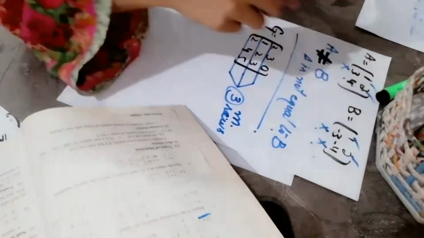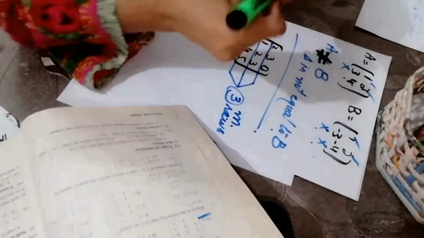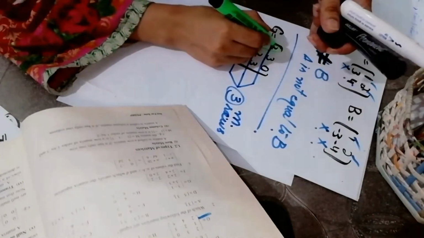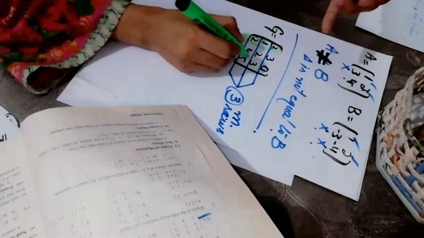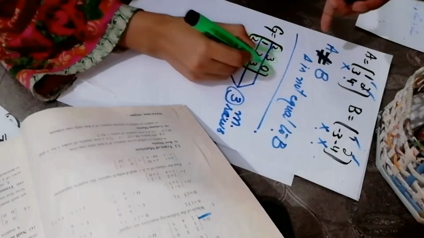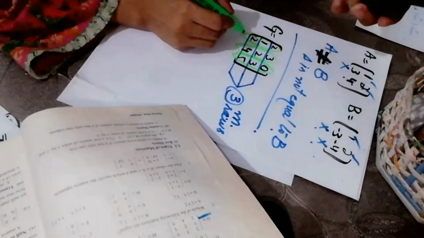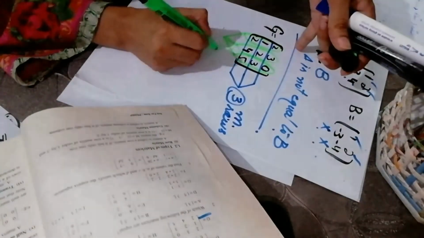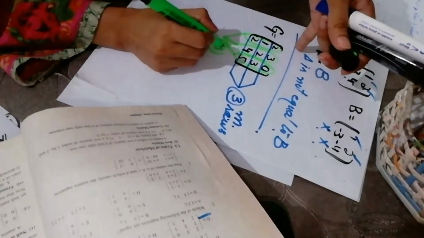Now again, if we check how many columns it contains, then we will notice it has 1, 2, 3. So how many columns does it contain? It is 3.